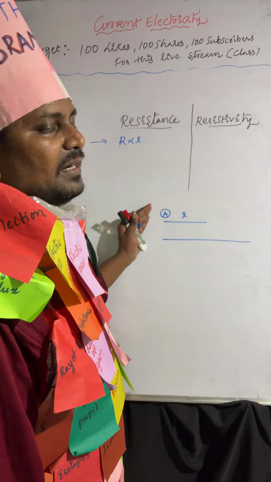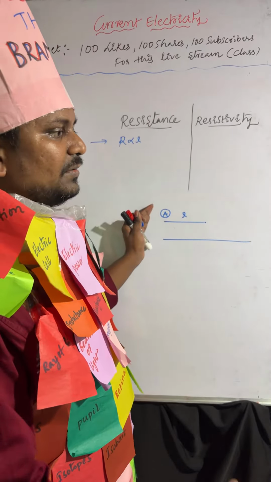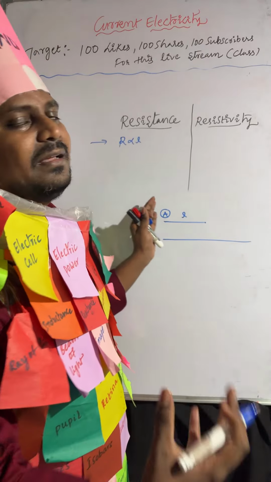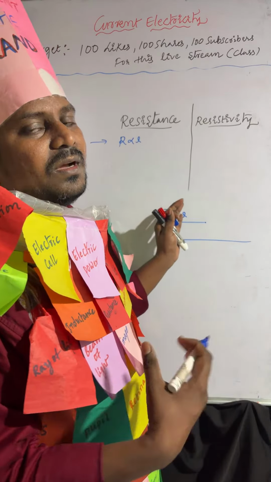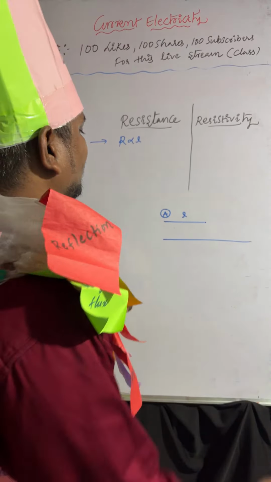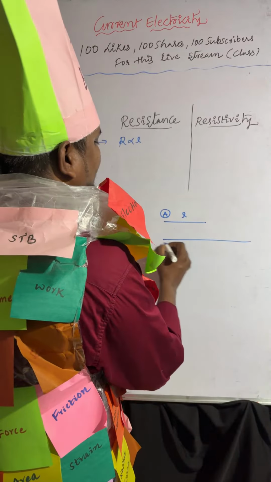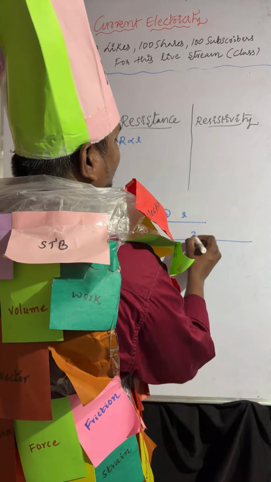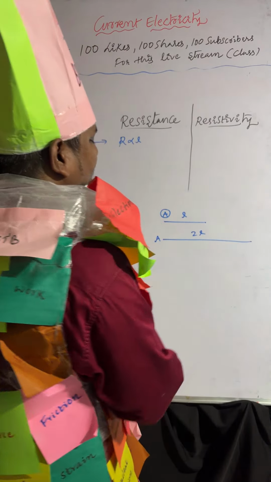Then identify the current direction, and observe the current in the ammeter. Next one, you can see the same length is doubled, and the area of the cross section is same.